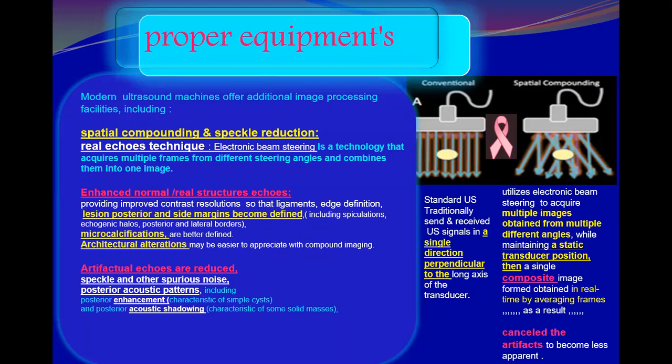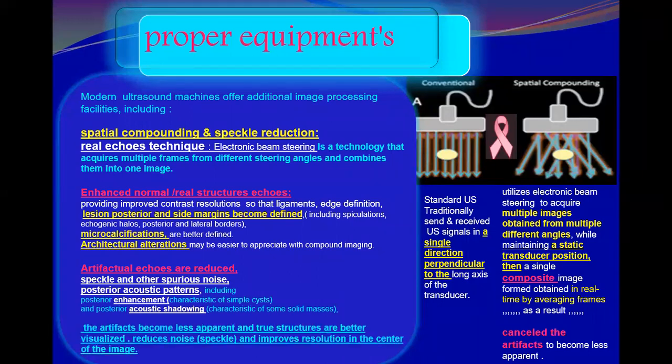So we have to be cautious to use it on and off to characterize lesions. The artifacts become less apparent and true structures are better visualized, so it will reduce the noise and speckles and improve resolution in the center of the image.